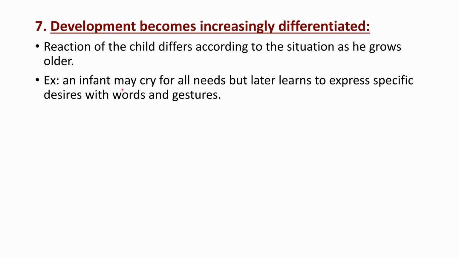For example, an infant may cry for almost every need, such as hunger, discomfort, or the need for attention. But as the child grows, the child learns to express the needs more clearly, using words, facial expressions, or gestures. So with the growth, the child's reactions become more specific and meaningful.